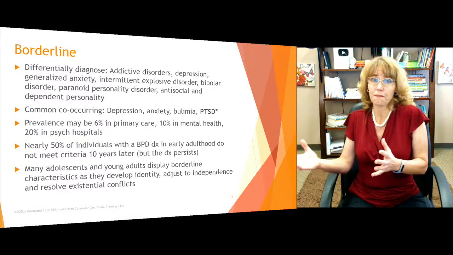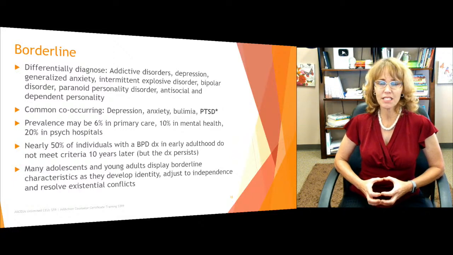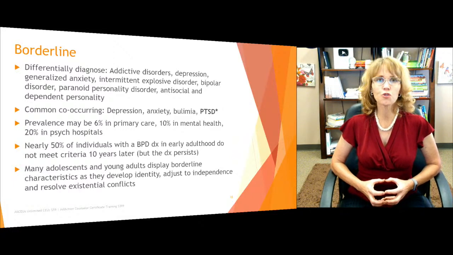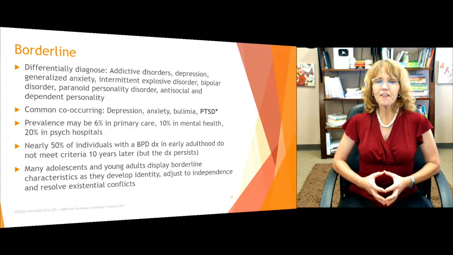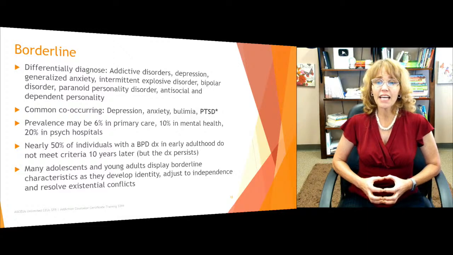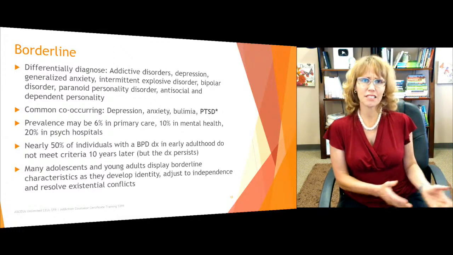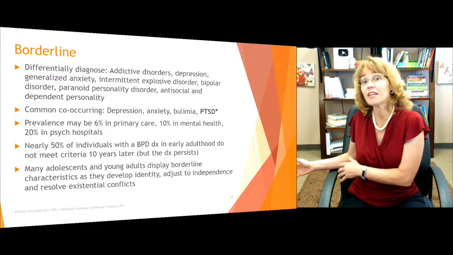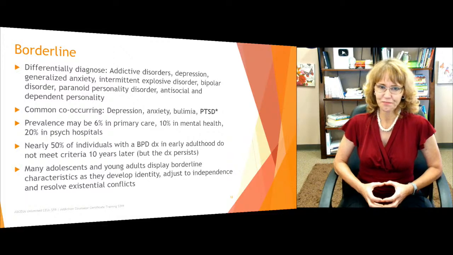So there is a high proportion of people that end up presenting in mental health settings and in psych hospitals with borderline personality characteristics. Nearly 50% of people with a BPD diagnosis in early adulthood don't meet criteria 10 years later. Unfortunately, they still have that diagnosis following them around everywhere. I thought that was a really interesting statistic.